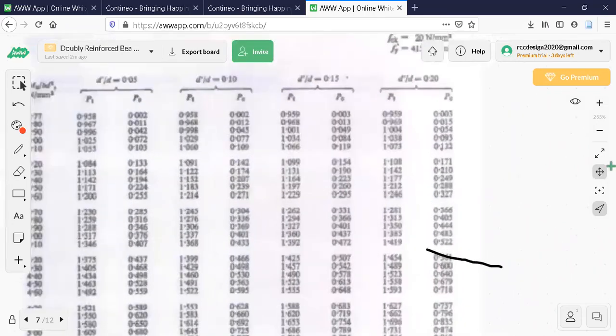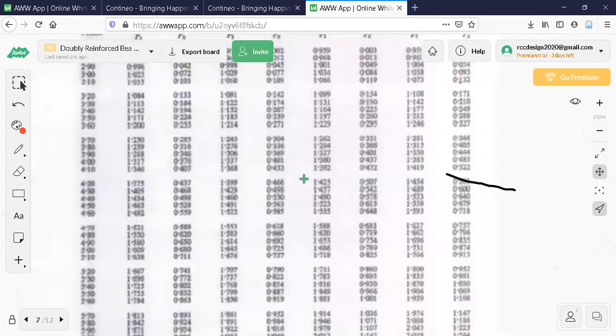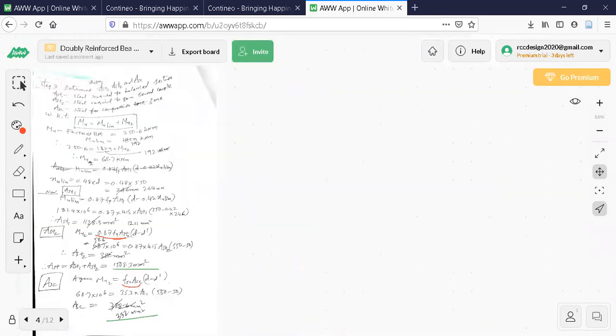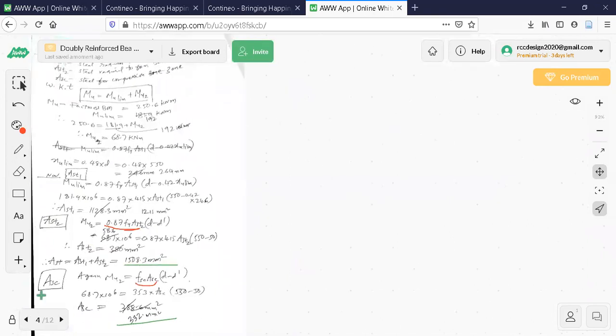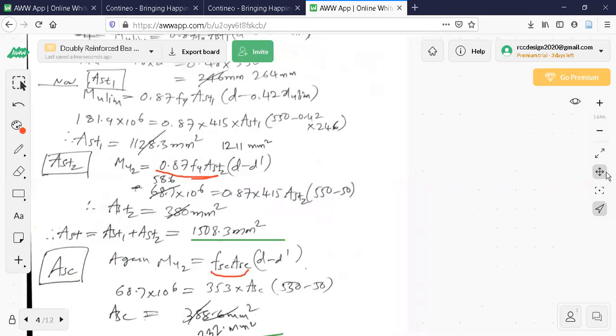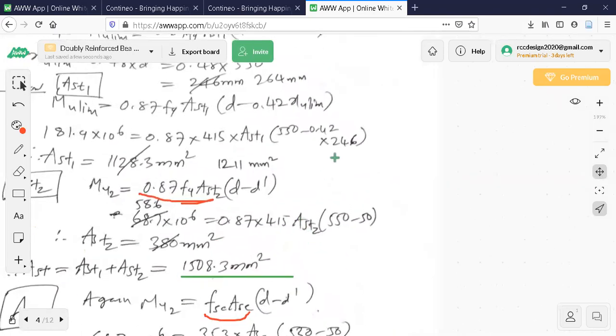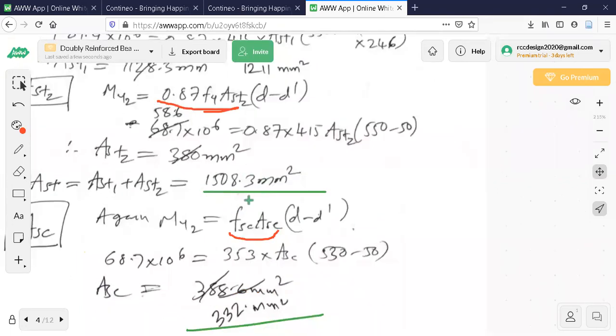Now observe here. Let us see, I have to find out the values of AST and ASC. I'll take you back to that particular page here. But it will not be the same. Slightly, there will be different values, very close to the values calculated. Now, how much is AST? 1508.